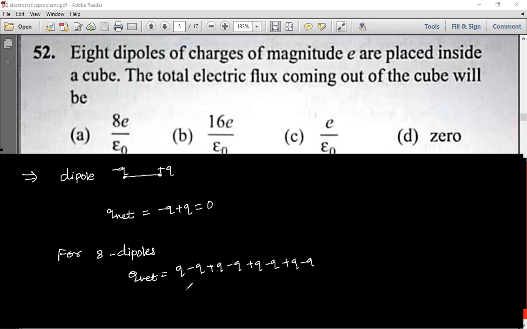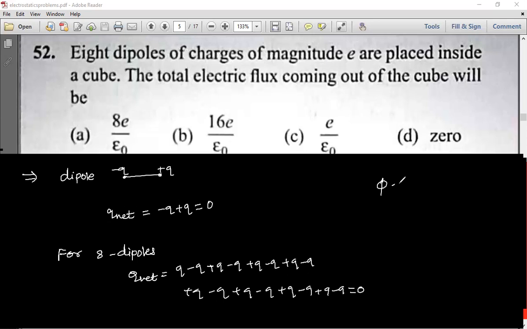Then again plus Q minus Q, repeated 16 times in all. The down one is not necessary. So here also the net charge is equal to 0.